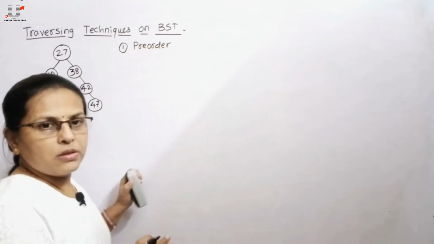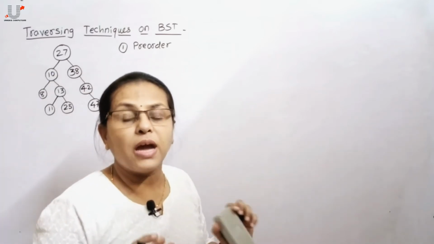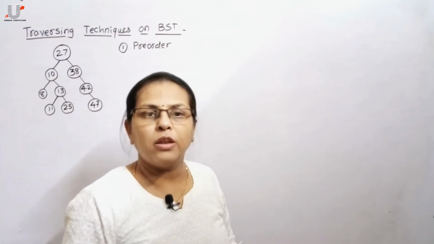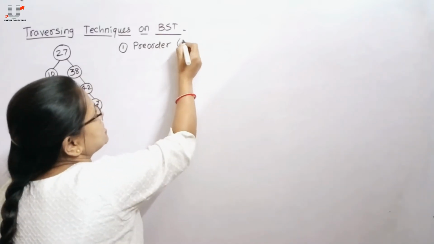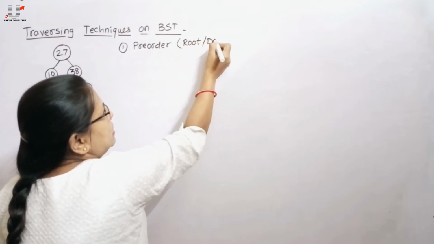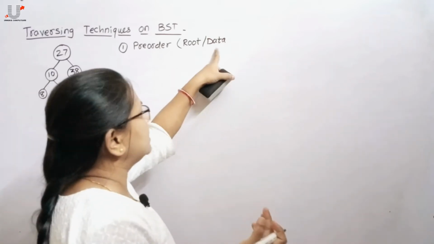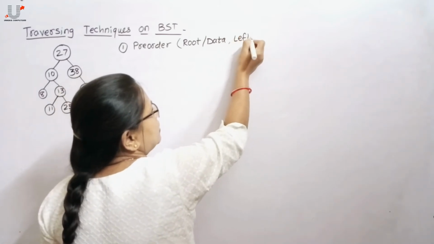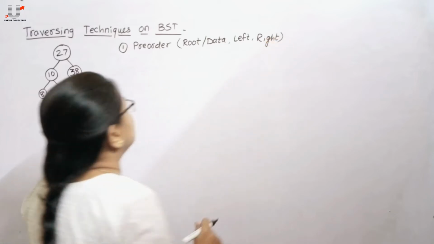The first is pre-order traversal. As the name suggests, pre-order means that data always gets processed first, and then the left subtree, and after that the right subtree. Here in pre-order traversing, data, or what we call the root, gets traversed first, prior to the left and right subtrees.